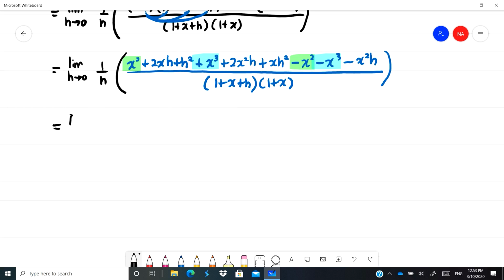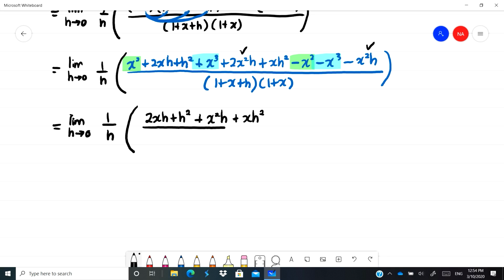So limit as h approaching 0 of 1 over h. I have 2xh plus h squared plus, this part can be combined, so we'll have x squared h only plus xh squared. The denominator is maintained without changing anything there.